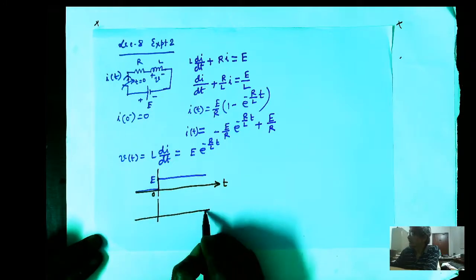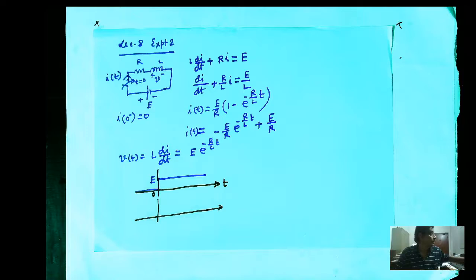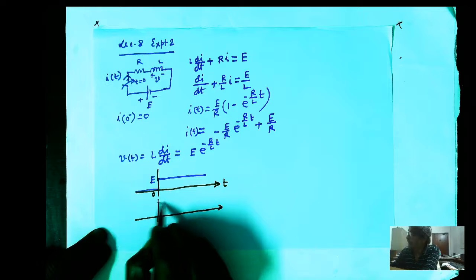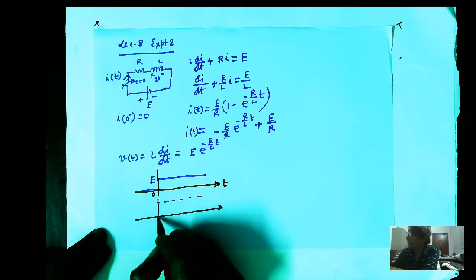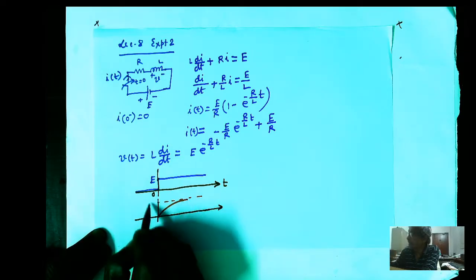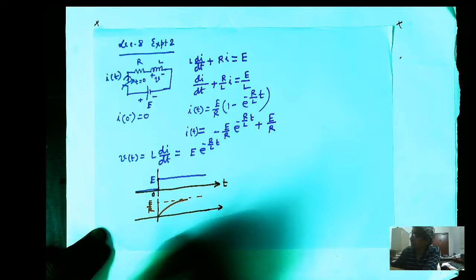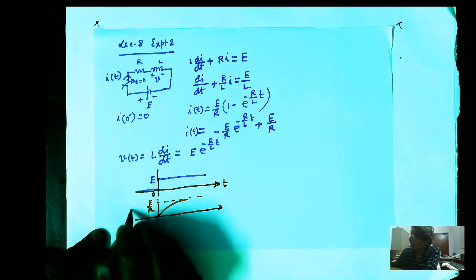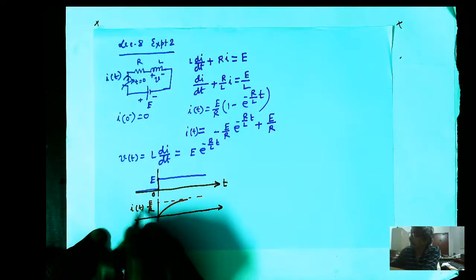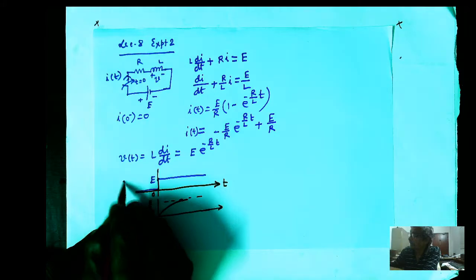Once again, with respect to time, you sketch the current waveform, which will be exponentially growing, like this. Final value is E by R. As t tends to infinity, this is 0. So this is i(t). This is V supply, V in.